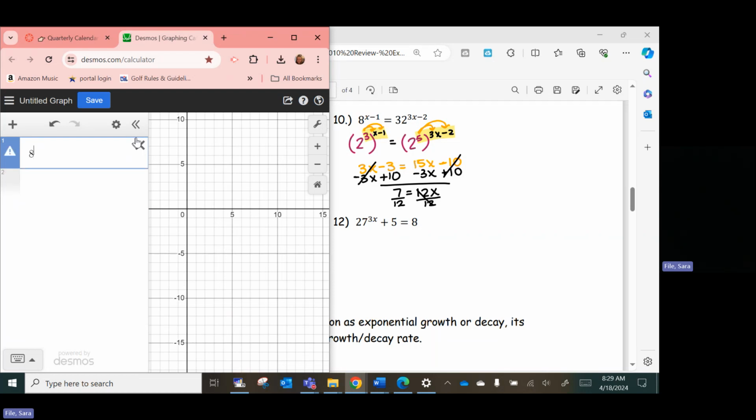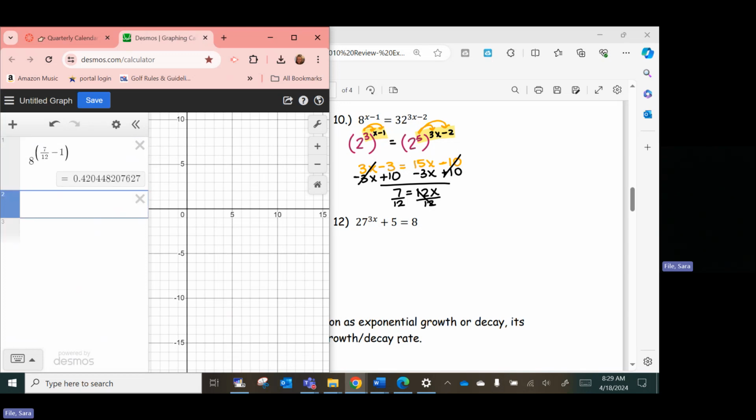So let's try 8 to the, and when you are typing in Desmos and you need something more than just one term in your exponent, use parentheses. So I'm going to do 7/12 minus 1. Okay, so this is the left side.